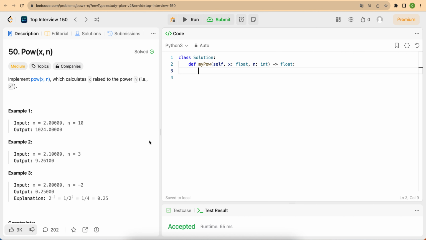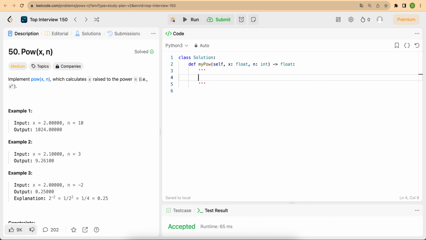So if n is a negative number, we can calculate the version of this n as a positive number, and we will use 1 divided by the result to get our final result, right? So let's see.